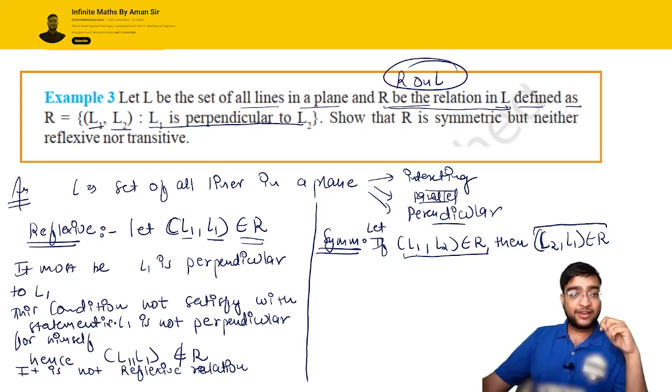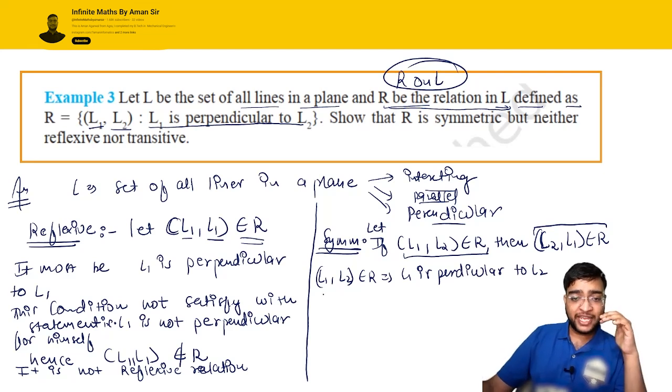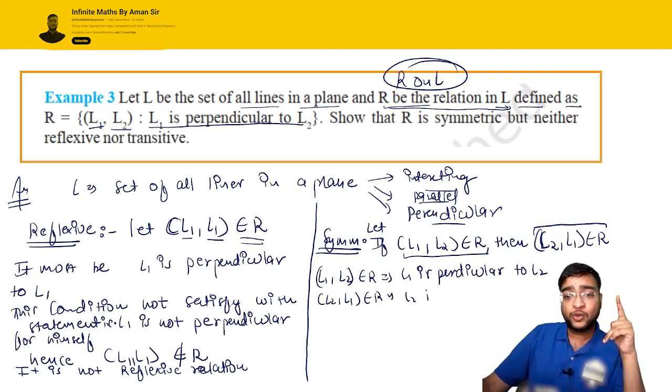So for (L1, L2) belonging to R, that implies L1 is perpendicular to L2. That is very true, sir. If I take (L2, L1), then I can say L2 is perpendicular to L1.